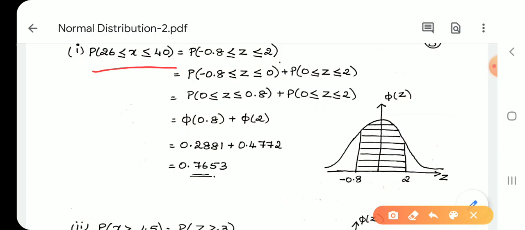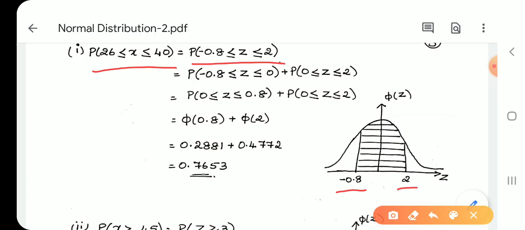So the first one, P(26 < X ≤ 40), when written in terms of Z can be written as P(−0.8 ≤ Z ≤ 2). If I mark this, I will get a bell-shaped curve, and −0.8 lies here, 2 lies to the right side, the positive side of the curve. So we have to find the area between these two points, that is the required shaded portion.